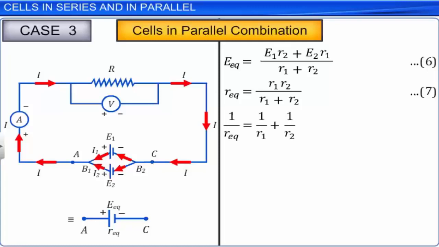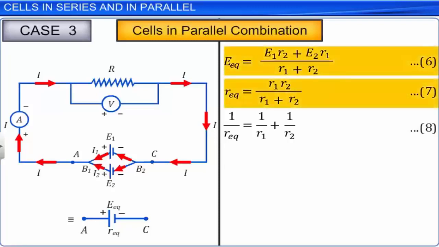Dividing equation 6 by equation 7 and rearranging the terms, we get EEQ divided by REQ is equal to E1 by R1 plus E2 by R2. Let this be equation 9.